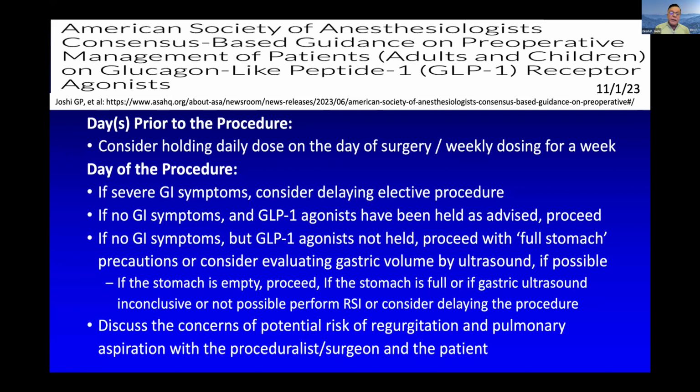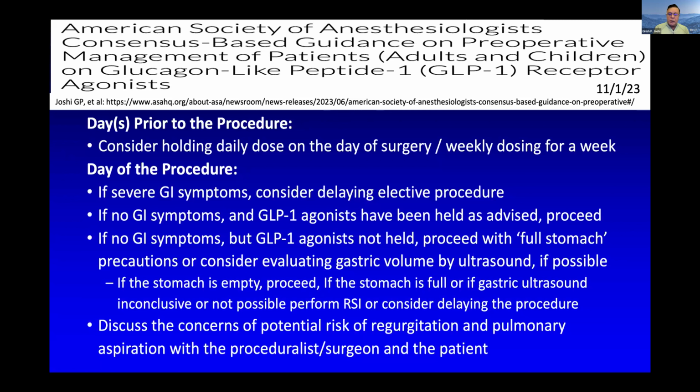In addition, on the day of the procedure, if the patients have severe GI symptoms, then one should consider delaying the elective surgical procedure. If there are no GI symptoms, and the patients have held these drugs as advised, then one can proceed. Furthermore, if the patients have no GI symptoms, but the GLP agonists are not held, then one can proceed with full stomach precautions.